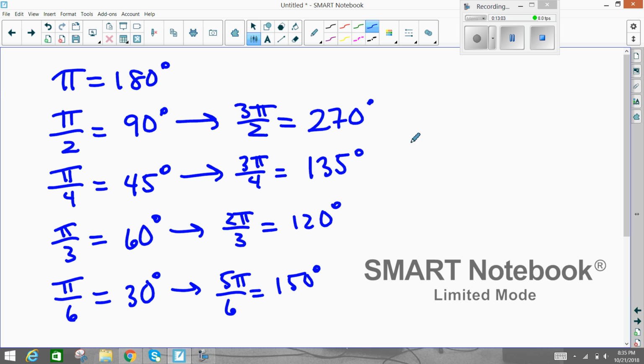Well, let's keep going with this idea. What would 5 pi over 4 be? Well, it would be 5 45s, which is 225 degrees.